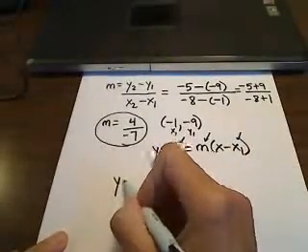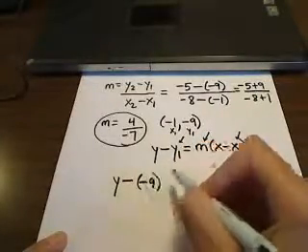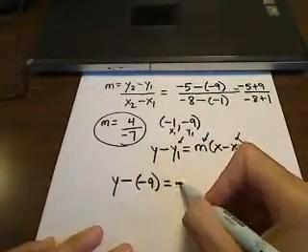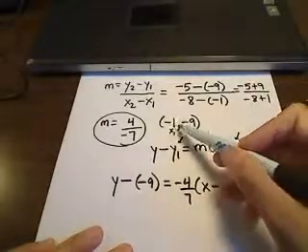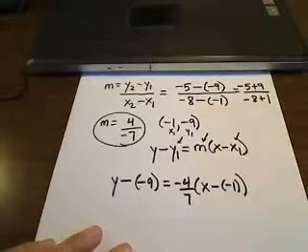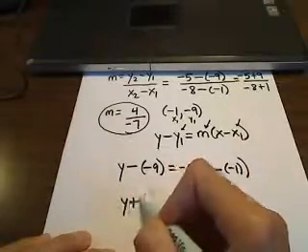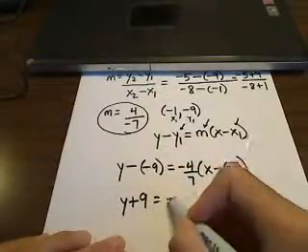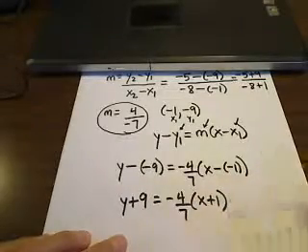So it's going to look like y minus y1, which is -9, equaling my slope, which is -4/7, times x minus x1, which is -1. So again, subtracting a negative there. Okay, so this becomes y plus 9, and on this side, -4/7 times x plus 1.